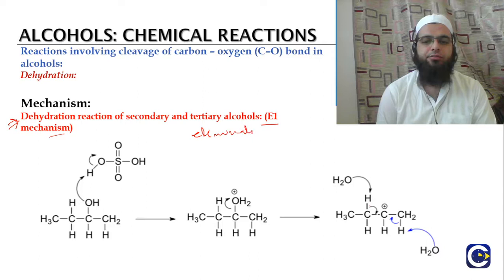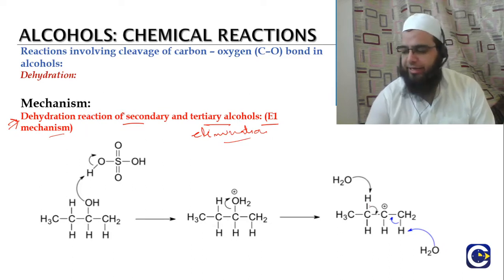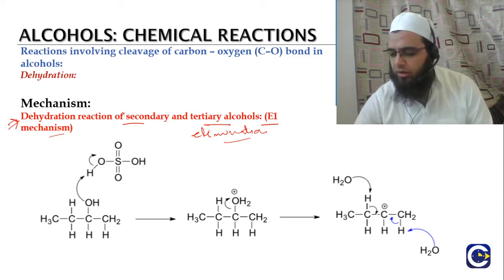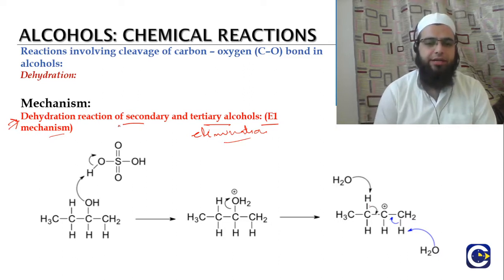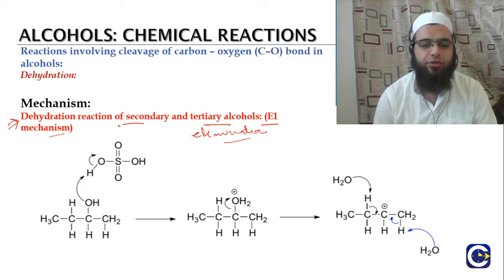It follows the E1 mechanism for secondary and tertiary alcohols, and for primary alcohols there is the E2 mechanism, which we will discuss separately. So for the dehydration of secondary and tertiary alcohols, the reaction follows the E1 mechanism. So what happens in the reaction is that we have the first step of the reaction. What's going to happen?